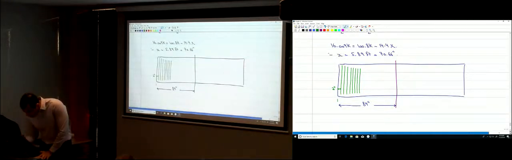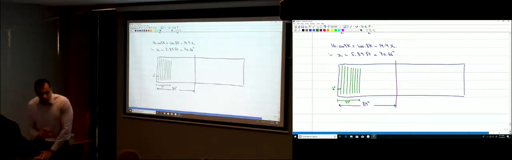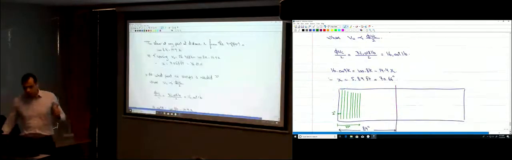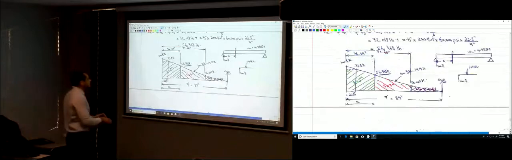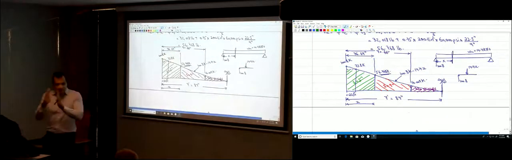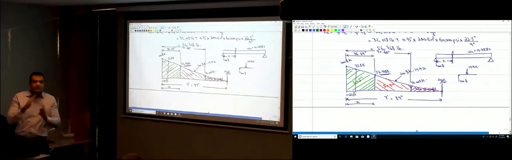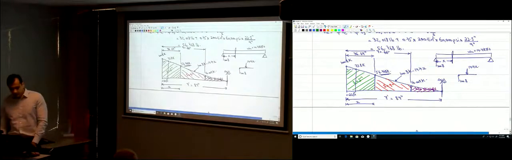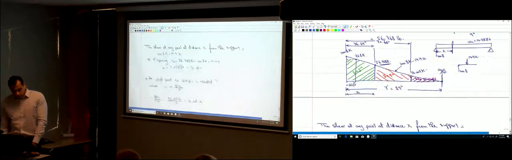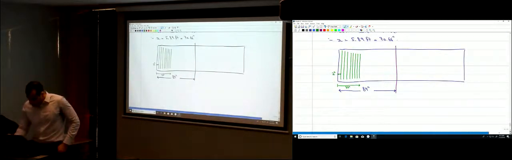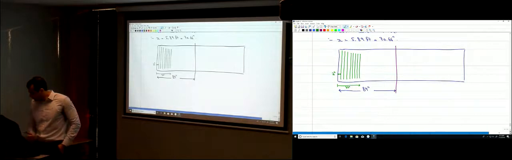Why? Because this distance now is 37 inches, which is larger than what was required here, right? I needed 36.69, 36.7, right? Now I satisfied this distance. I actually went beyond the 36.7. I went to 37 inches, right? So how many stirrups did we have here? 1, 2, 3, 4, 5, 6, 7, 8, right?